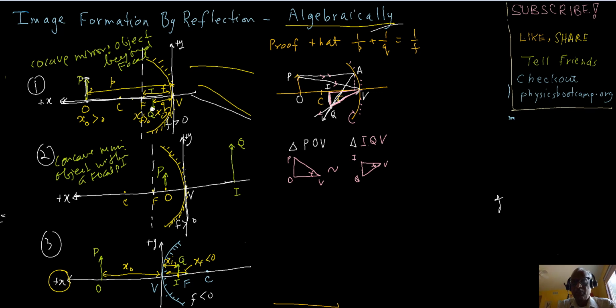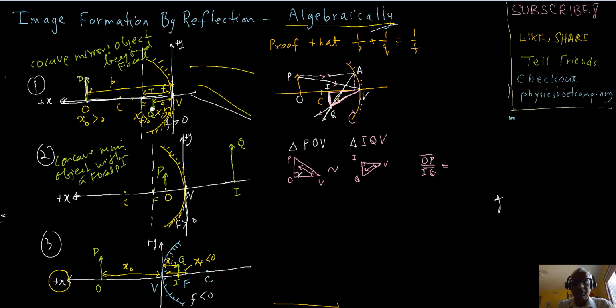And so we look at POV and QIV. So this is 90 degrees. This angle is equal to that angle because of reflection. Okay, so they are similar triangles, so corresponding sides should be proportional. So OP over IQ, these are the heights of these two, and I'm not using y coordinates here, just using distances.